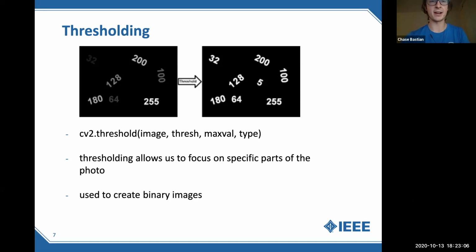And so that max val determines how white we want the things above the threshold to be. So a lot of times you'll just set it to 255 to have the max whiteness and brightness you can have. There are some other thresholding methods that you can look into in the documentation of OpenCV. For example, whether you want things to appear black on a white background or white on a black background, you can choose that. But for the most part, a really common one you'll see is the one we're using, which is just the binary thresholding.